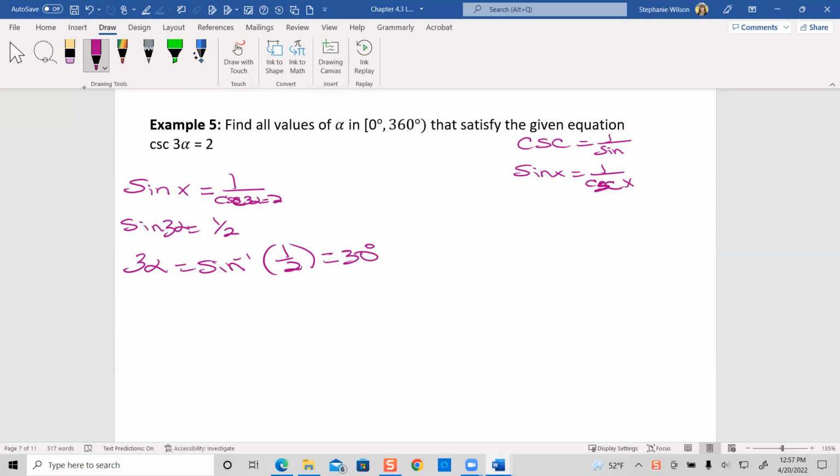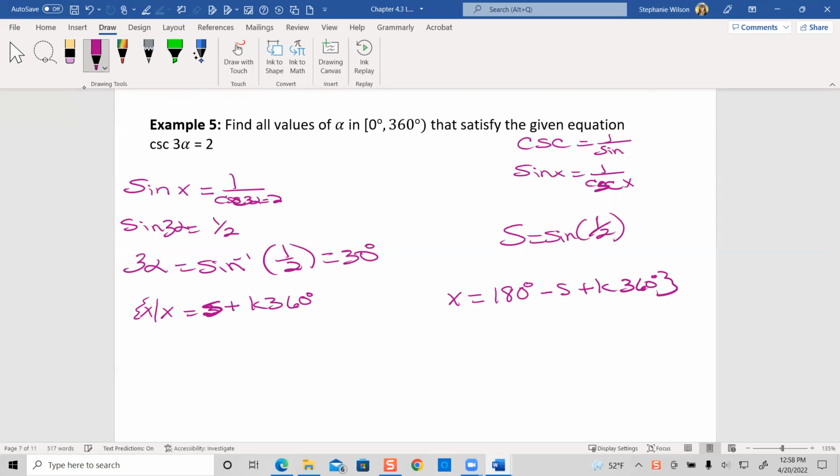So we're going to use the identity that x is equal to s plus k of 360 degrees, and we're also going to have x equals 180 degrees minus s plus k of 360 degrees. That's because s, in this case here, is equal to 30 degrees.